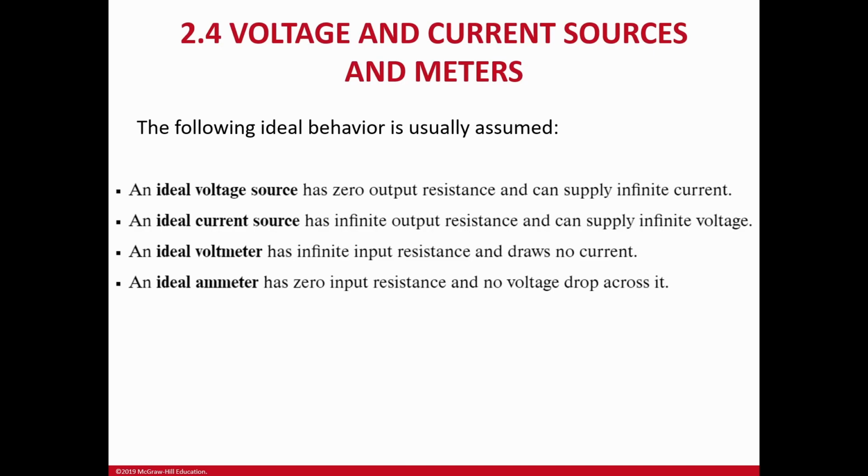So the ideal current source has infinite output resistance in order to supply infinite voltage. Of course it's impossible, but that means the resistance is very high, on the order of 1 to 10 mega ohm.